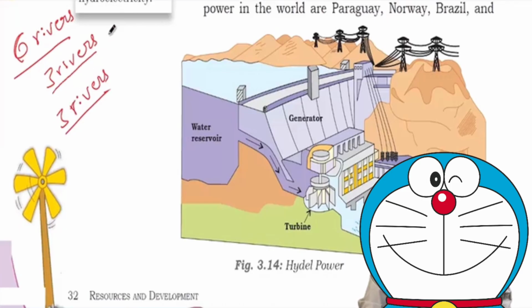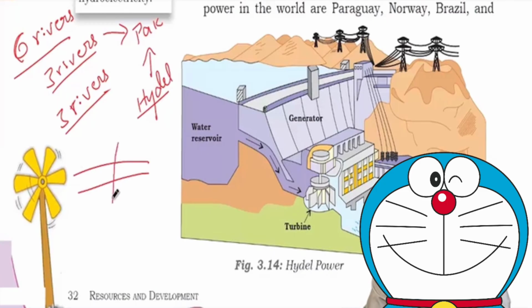But it is also said that on the 3 rivers given to Pakistan, India can actually build tidal power projects. And when India constructs tidal power projects on these, then it is said that we cannot store more water. So normally when you have a river flow, I construct a dam so that the water storage increases.